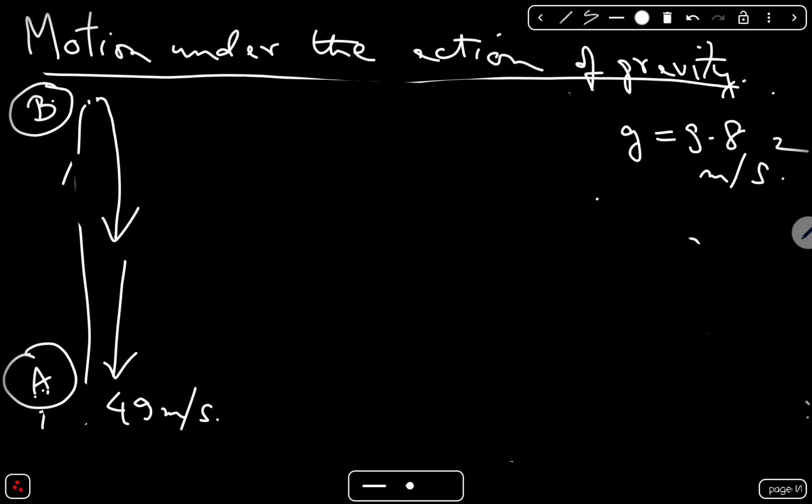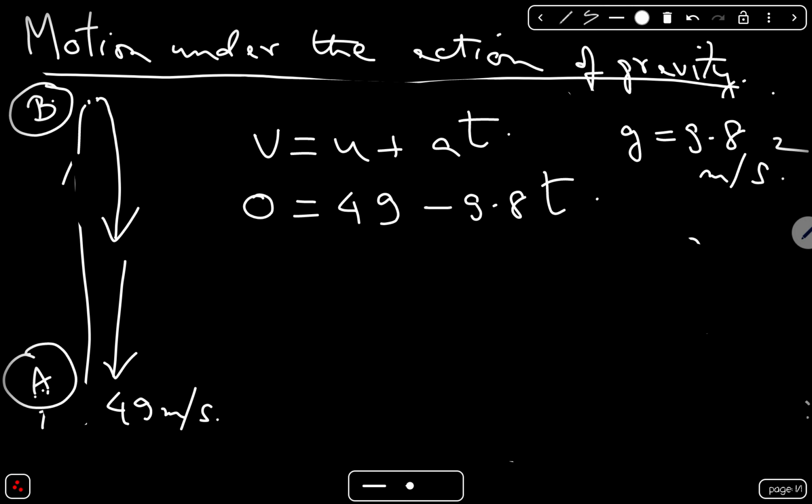So we will use the formula v is equal to u plus at, isn't it? So final velocity we know is 0. Initial velocity they gave us was 49 meters per second, and since the body was going up, the value of g we will take as negative. So minus 9.8 into t.